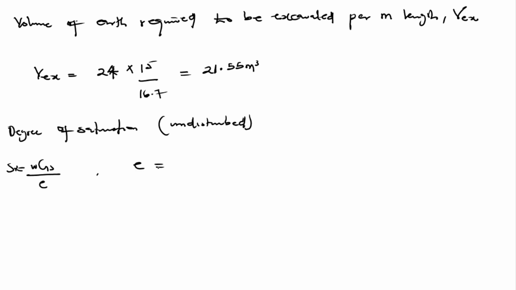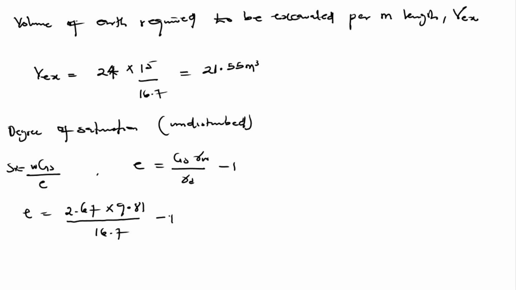But our void ratio is also given by this relationship G γw over γd minus 1. Therefore, our void ratio becomes 2.67 times 9.81 all over 16.7 minus 1, which is equals to 0.568. You can say 0.57.